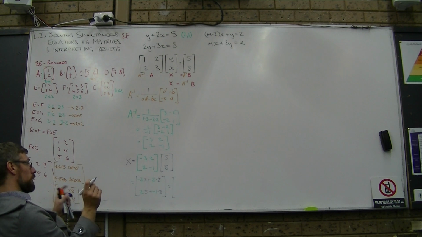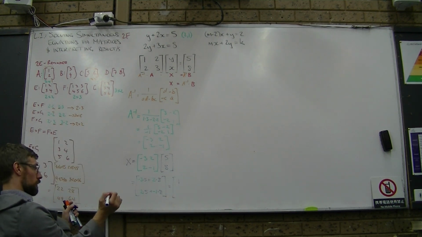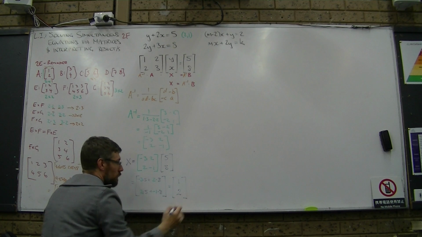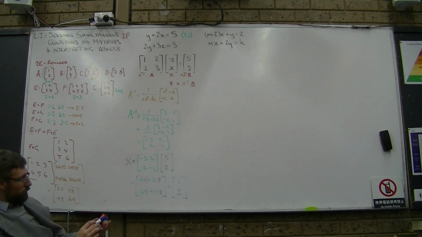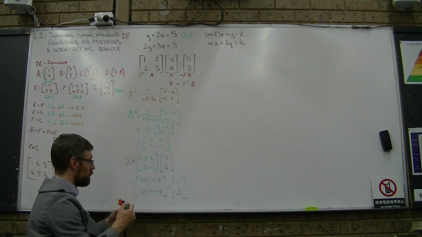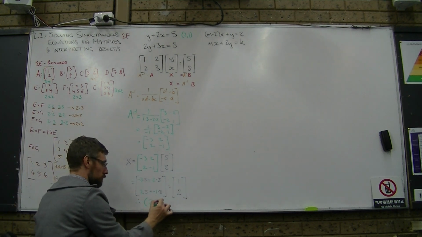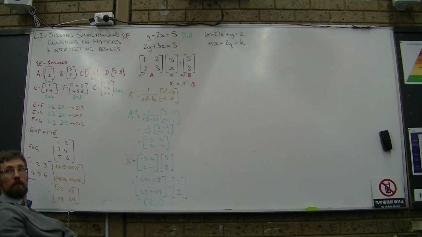So, -15 plus 16 is 1, and the other row gives 2. Keep in mind we had y first, and therefore our point is actually 2, 1, because we had yx instead of xy in the original.